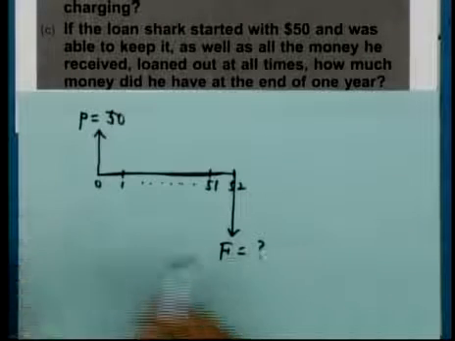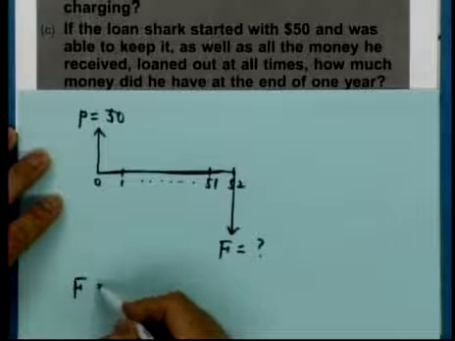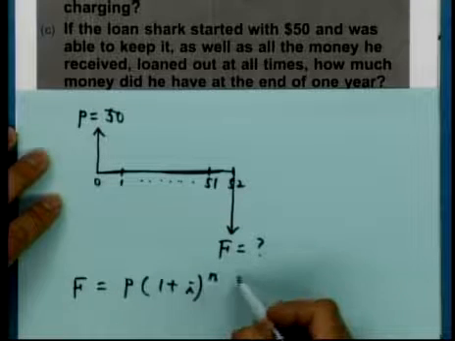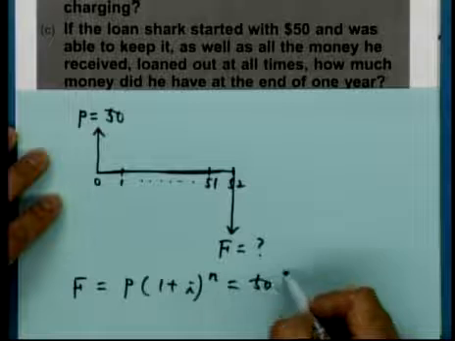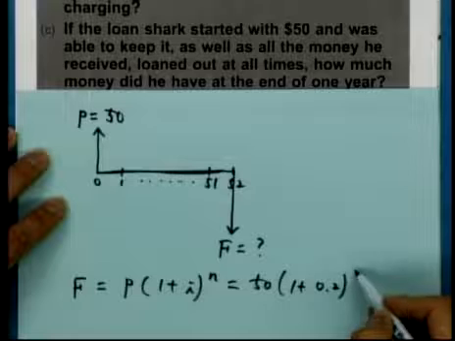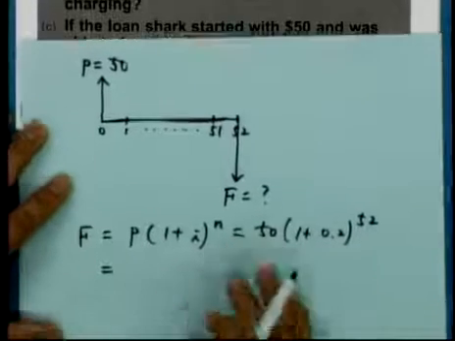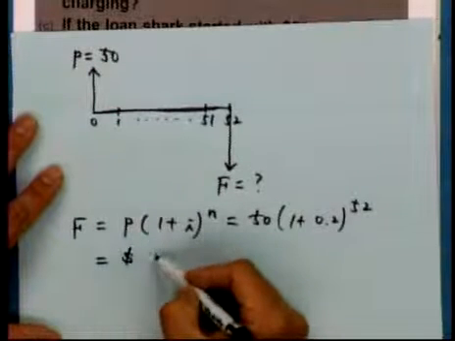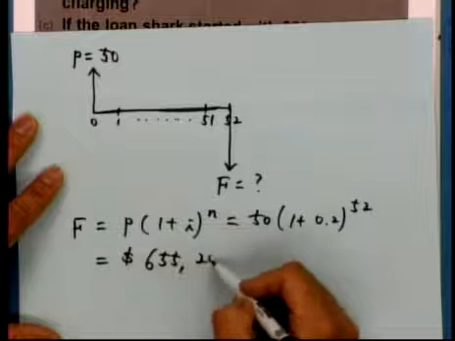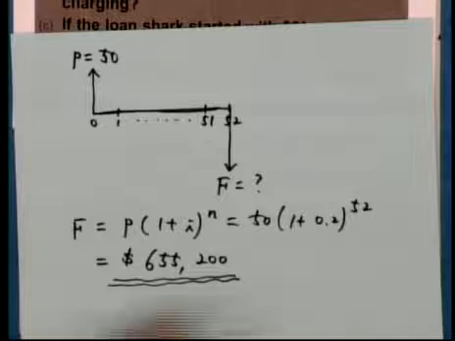At the end of 1 year. So in order to get this future sum of F, you can use this formula, which is 50 times (1 plus 0.2) to the power 52. And from my previous calculation, this is going to be $655,200. A lot of money. Okay?